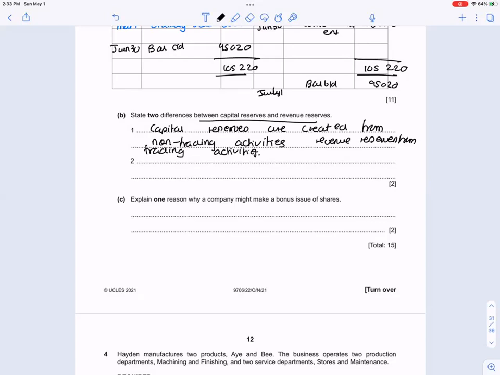Yes, capital reserves are not used to pay dividend. Revenue reserves can be used to pay dividend. Are used, in fact.